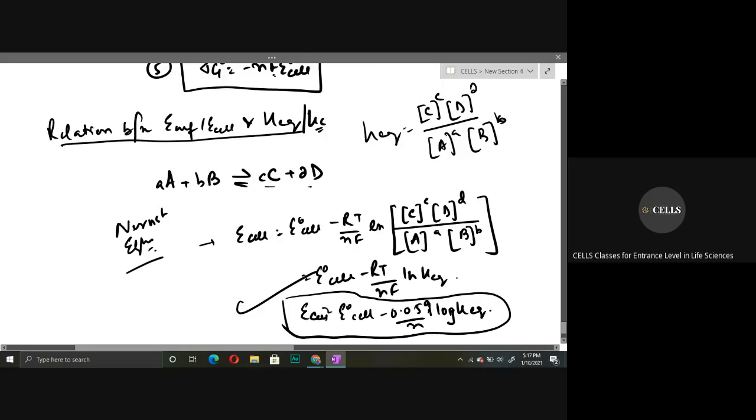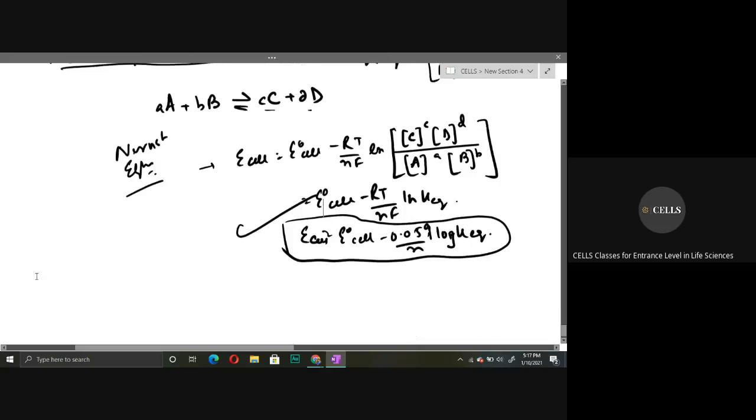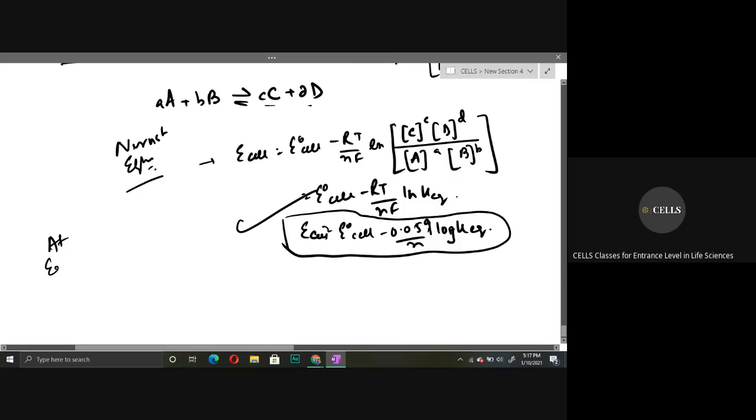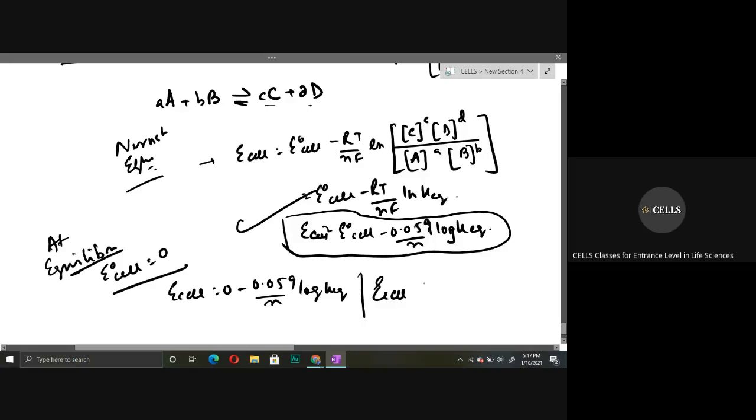This is also a very important equation. Now suppose there is an equilibrium. At equilibrium, E cell is 0, like delta G is 0, at the same time E cell is also 0.